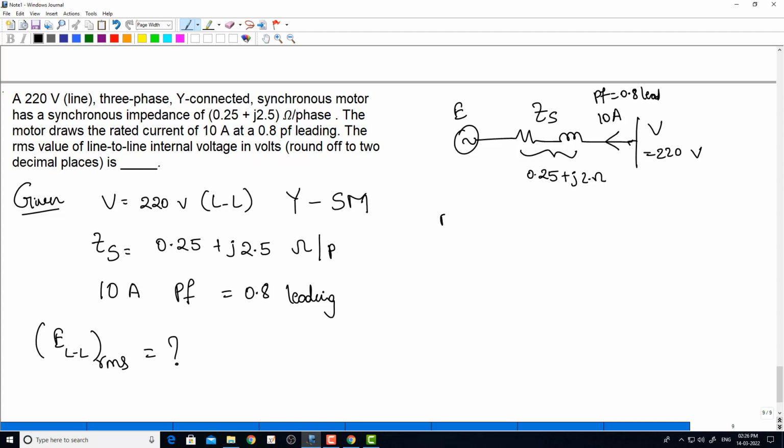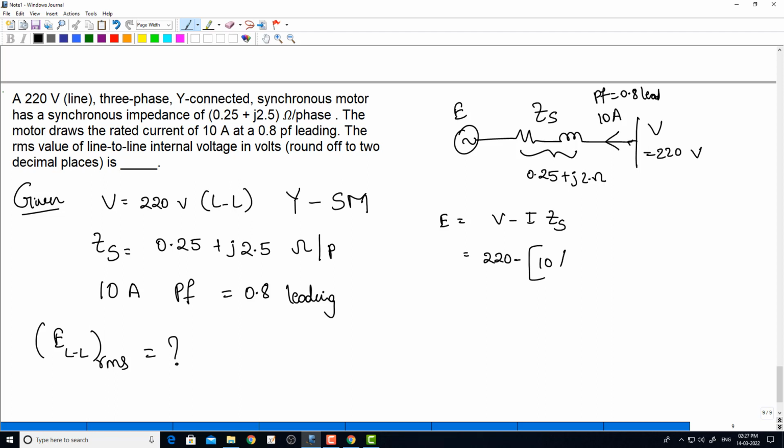So, E is equal to V minus I into ZS. This V is line to line voltage only. So, 220 minus, the current is how much? Motor is drawing 10 amperes at a power factor 0.8 leading.